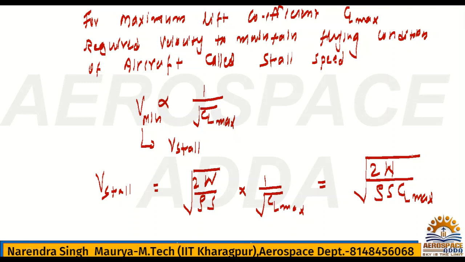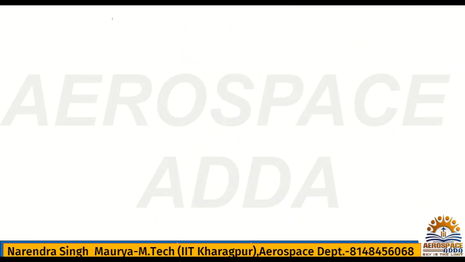Now, next is wing loading. Wing loading is denoted by small w. What is that? You have seen the formula V equals root of 2W divided by rho S CL. This is the simple velocity of the aircraft.